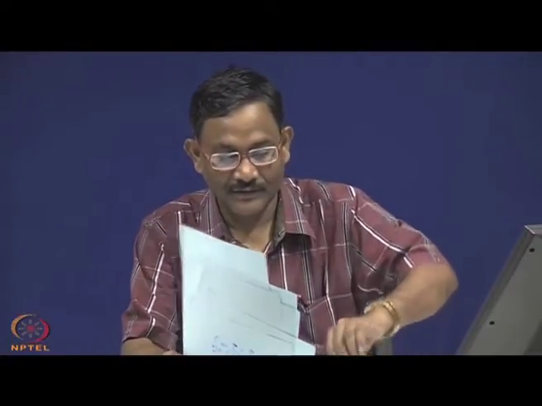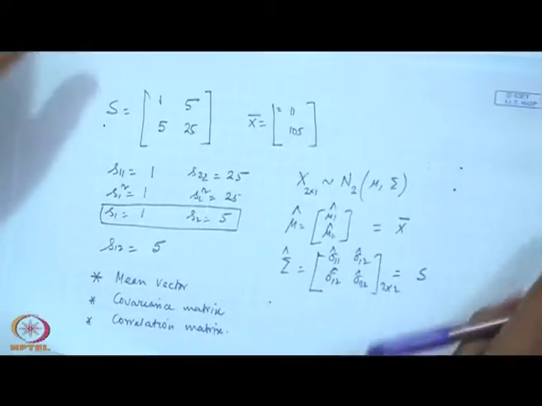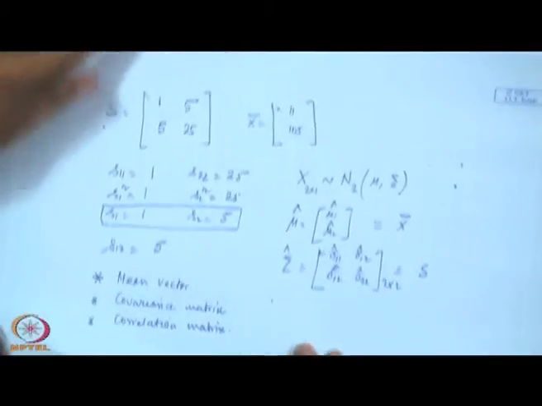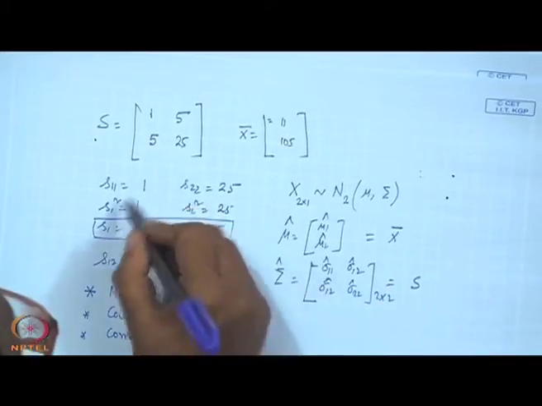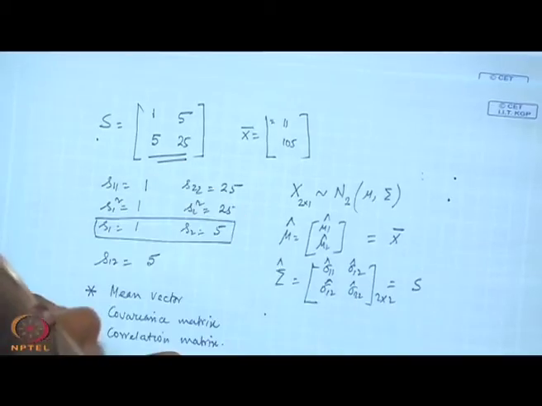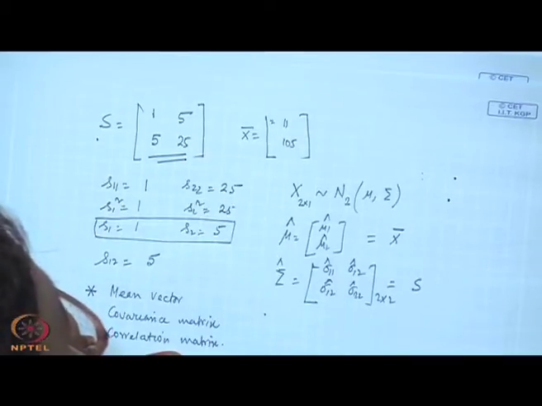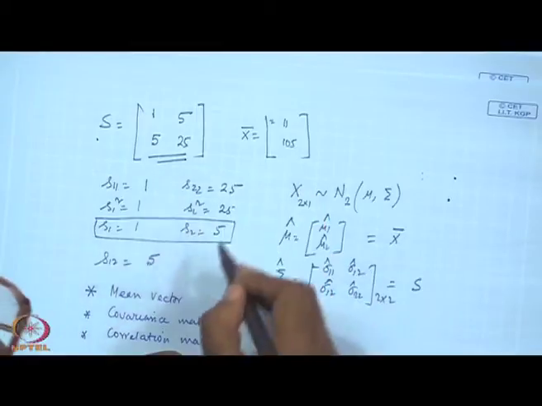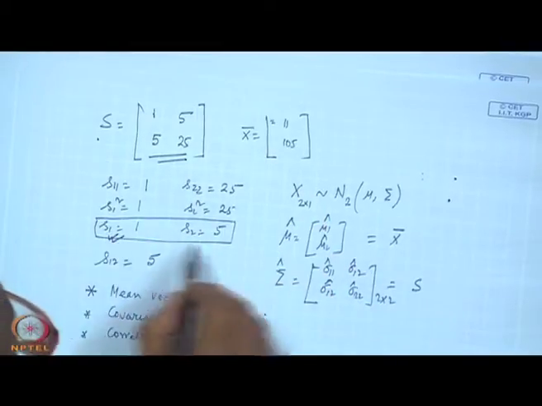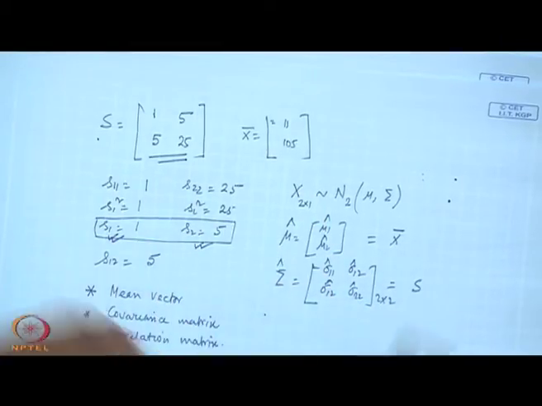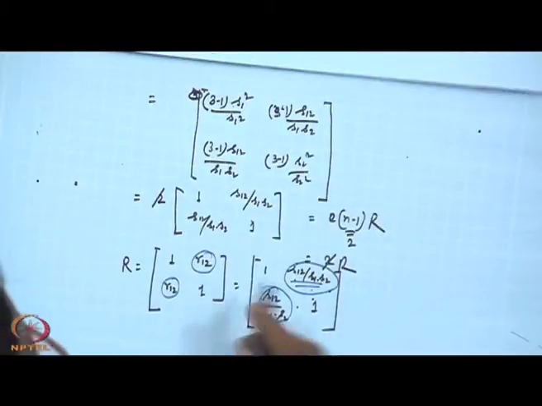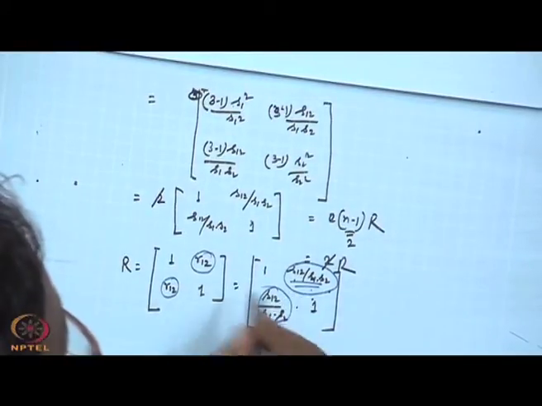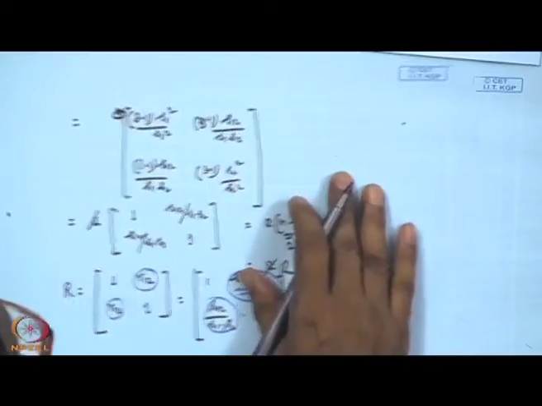Yes, we have computed here. We have seen S equal to this. So, that means your standard deviation S1 is given and S2 is given. Now, for the same data, if I want to compute my R, then what will be your R value?